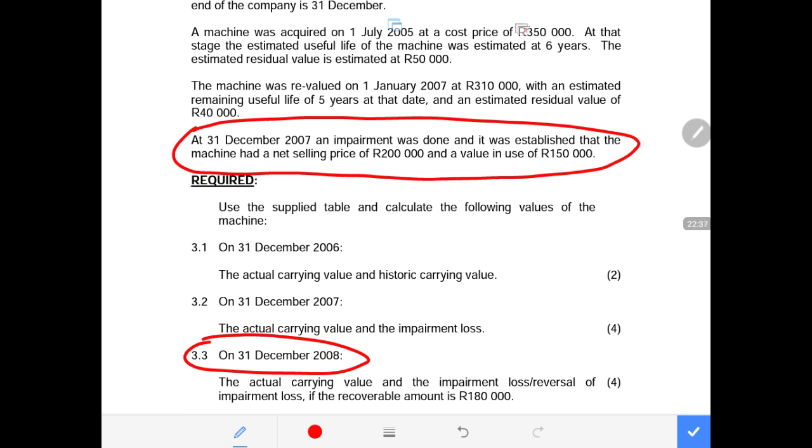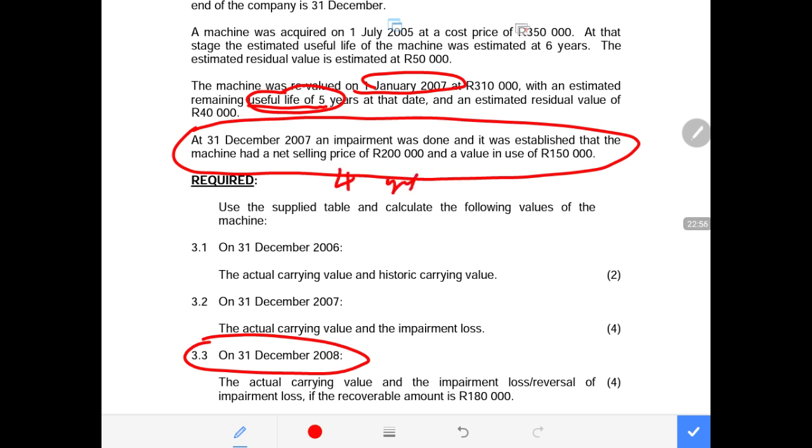So we know that 1 year is over because the remaining was 5 years. Remember, the previous year, which is the year 2007, we had the remaining 5 years, and we calculated depreciation for the year 2007. That means the remaining years for 2008 is only 4 years.